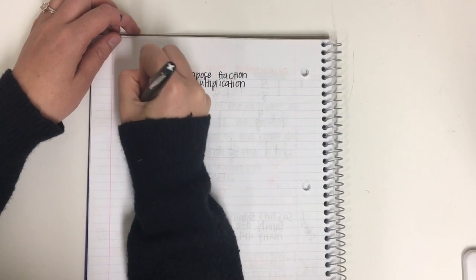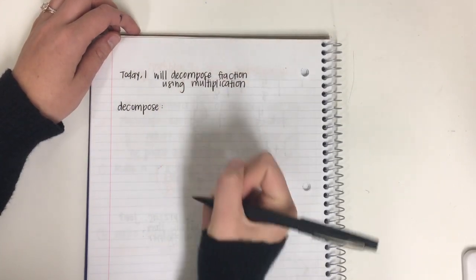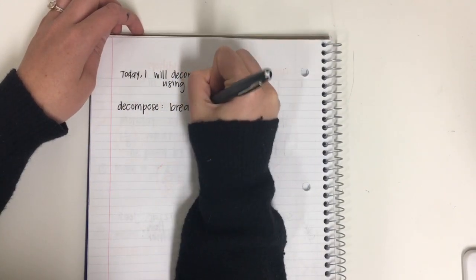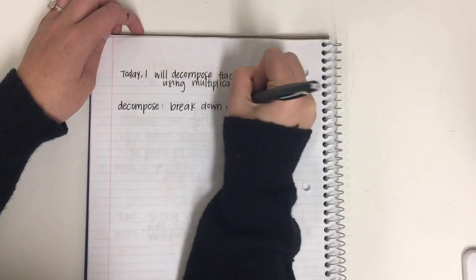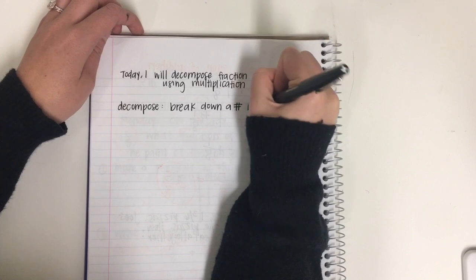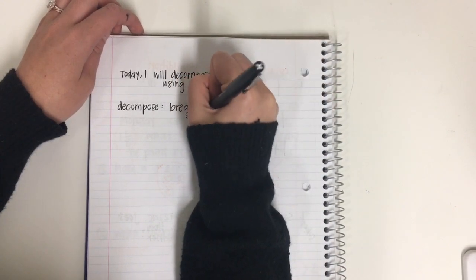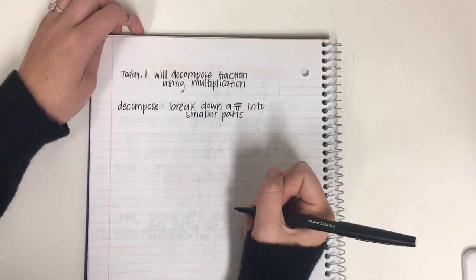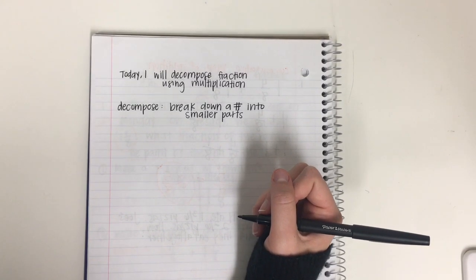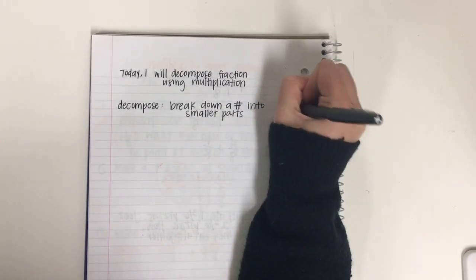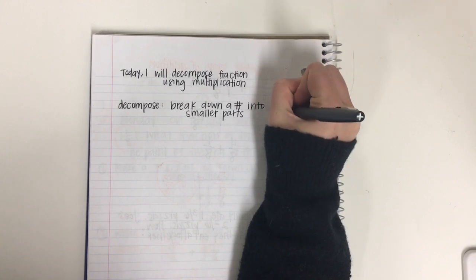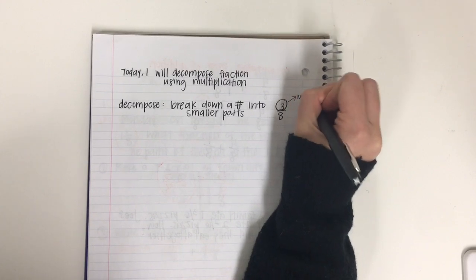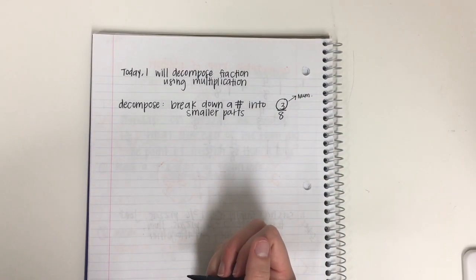Decompose means to break down a number into smaller parts. And remember, when we decompose a fraction, like 3/8, we only decompose the numerator. We do the same thing with multiplication as well.